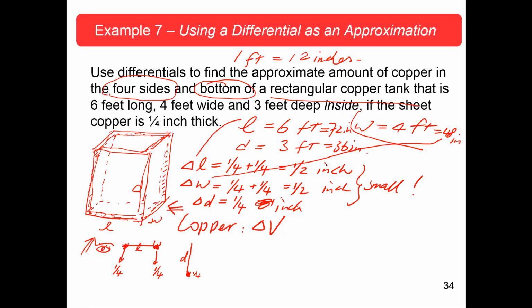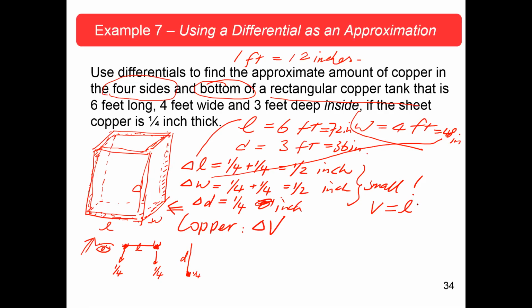Now, due to these small increments, how do we calculate V, by the way, the V of a rectangular tank? The area of the base times the height, which is length times width times depth.